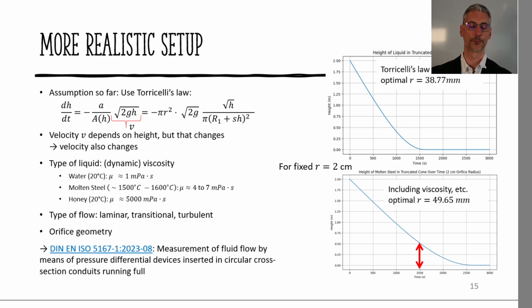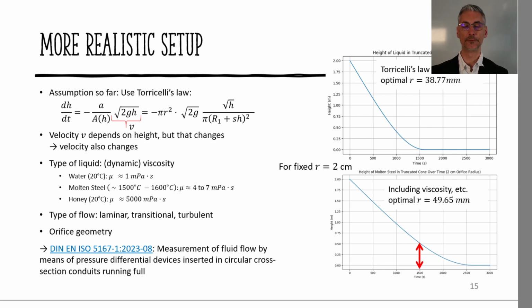Just to put a few values out there, water at room temperature has a viscosity of about 1. Molten steel has about 4 to 7. Right, so you can see that you would expect a slightly different behavior, and just to compare this to honey, this is a very different ballpark. So we assume that molten steel behaves almost like water, but not quite.